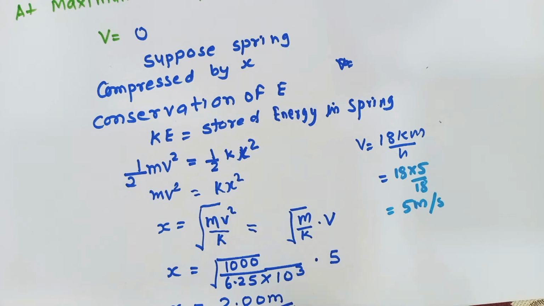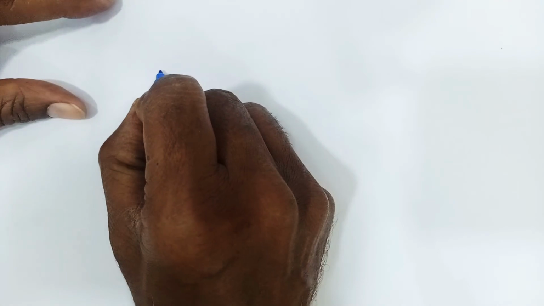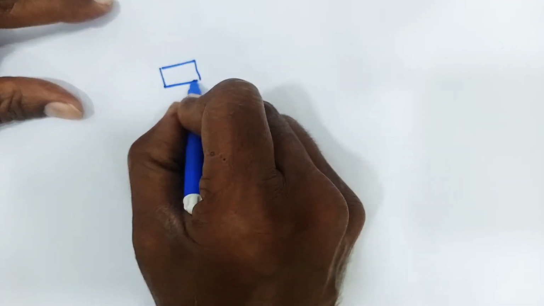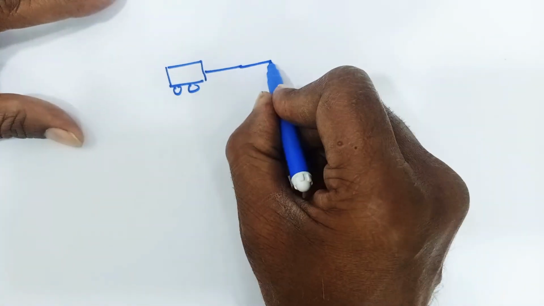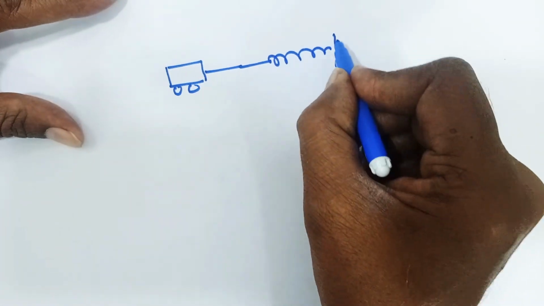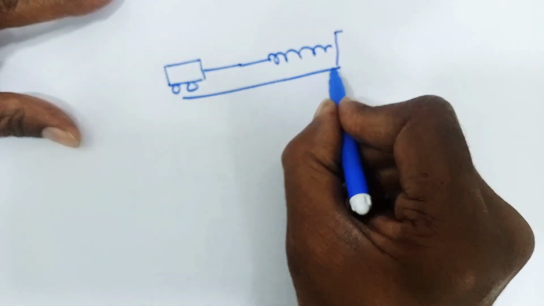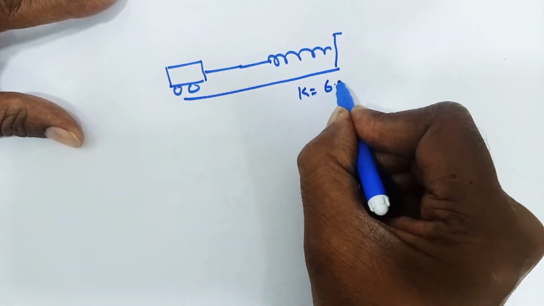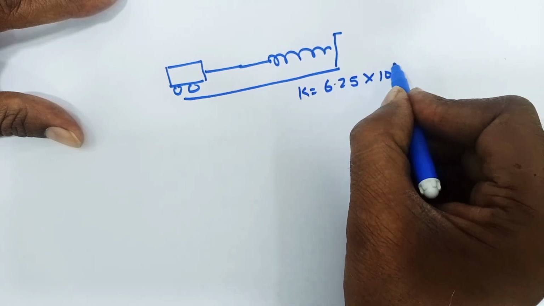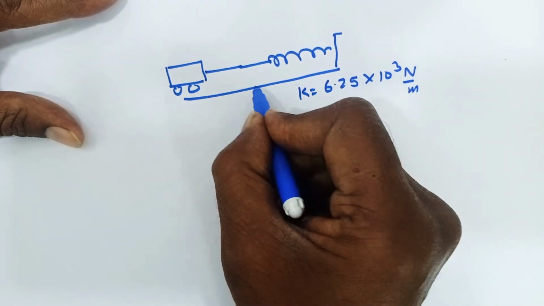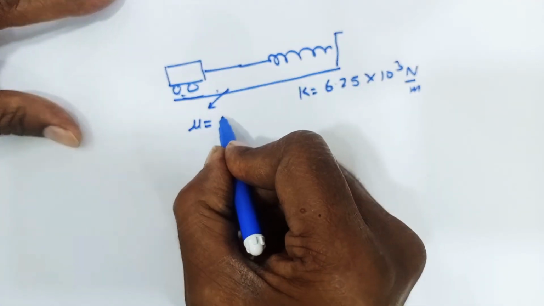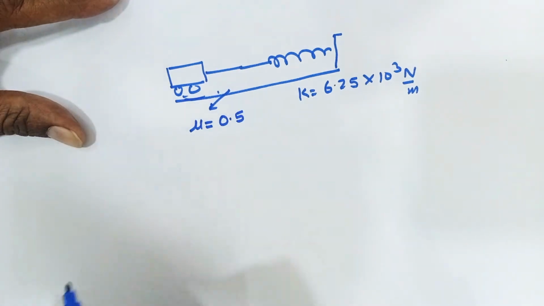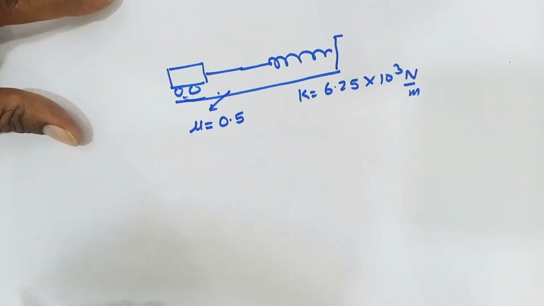Now the same question in this way: the car is moving, and here the same spring having the same spring constant 6.25 × 10^3 Newton per meter, but there is friction and the coefficient of friction is 0.5. So will we get the same compression?